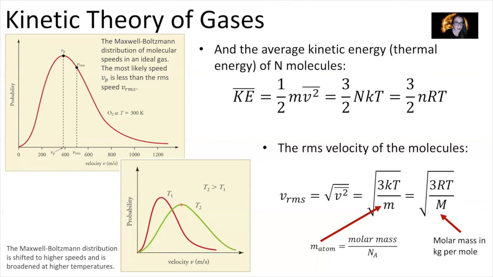We see that the most probable speed for the molecules inside a gas is shifted to higher speeds at larger temperature, but also our distribution becomes more symmetric around the most probable speed. So you're still going to have your RMS speed. It'll be a little bit larger than the most probable speed, but it won't be as different from the most probable speed as it is over here where our gas is at a lower temperature.